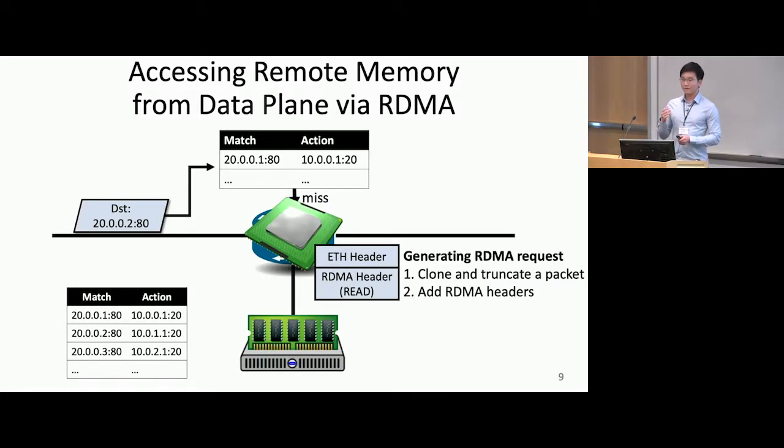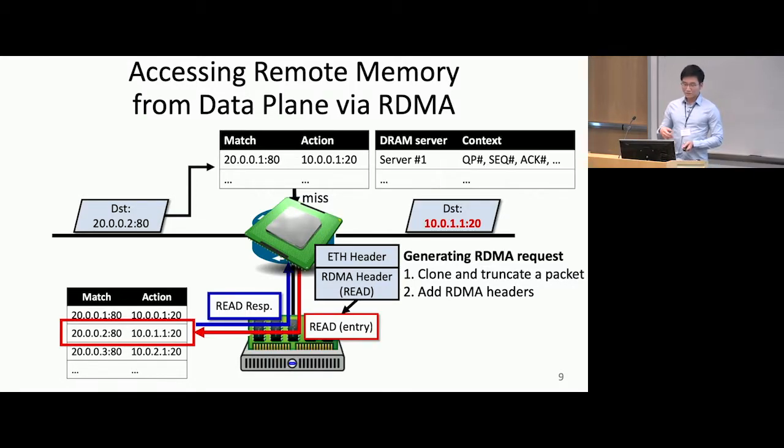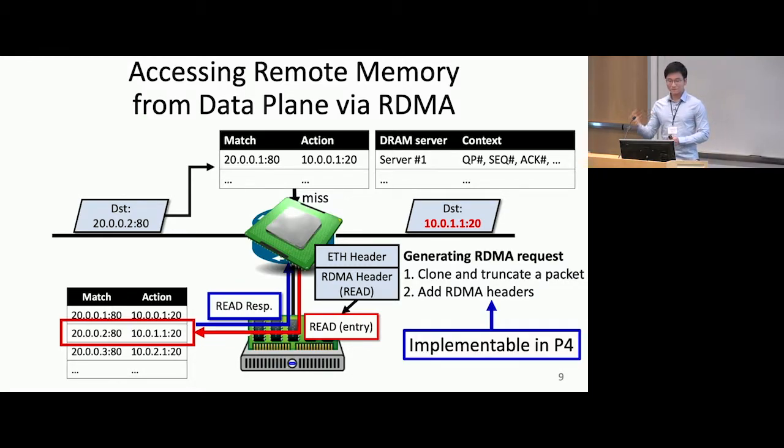To generate an RDMA request, we clone and truncate the incoming packet and add an RDMA header on top of it. Also, to manage a reliable RDMA connection with remote servers, we let the data plane maintain a minimal set of RDMA connection state, including the QP number and the packet sequence number. The good thing is all these features can be implemented in P4.